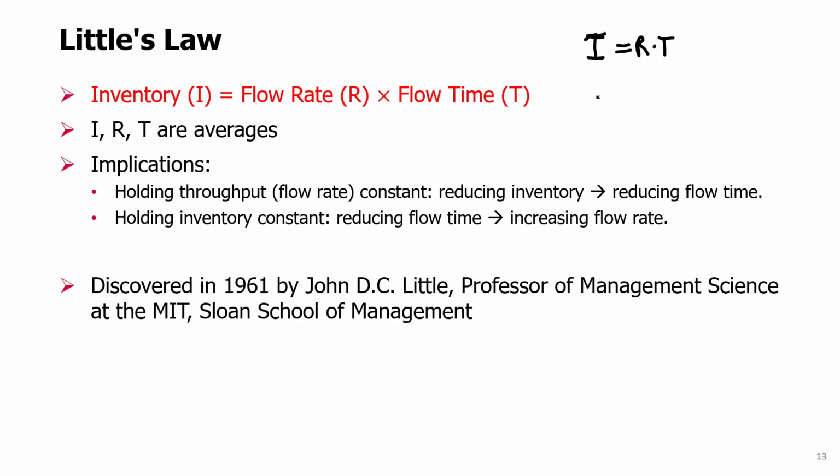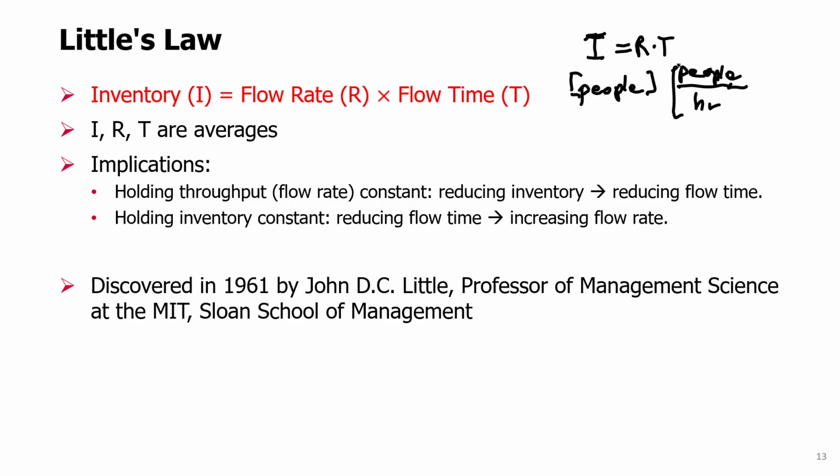It's very easy to know this formula without memorizing it. When you observe the units of the measures, both sides have to agree. So if inventory, for example, is people, for example in a service, then the unit for I is people. For R, the unit will be people per unit of time, for example per hour.